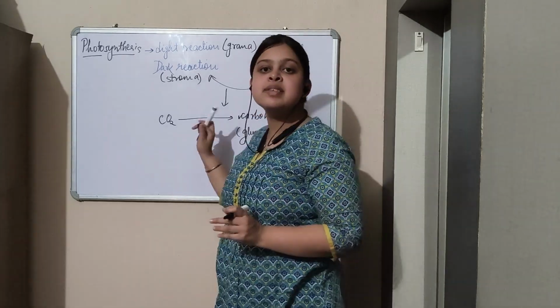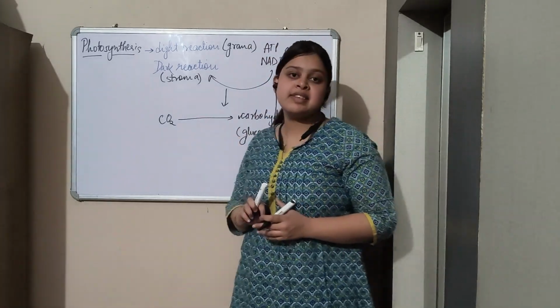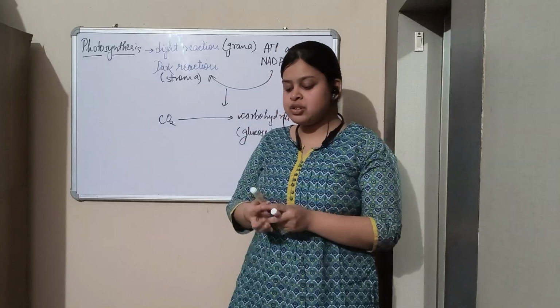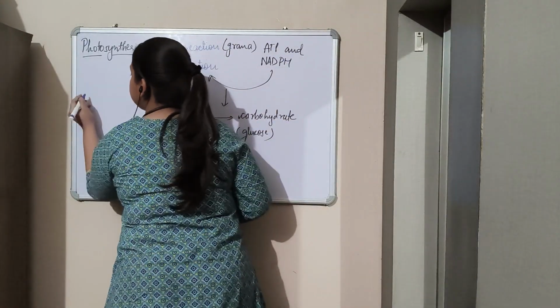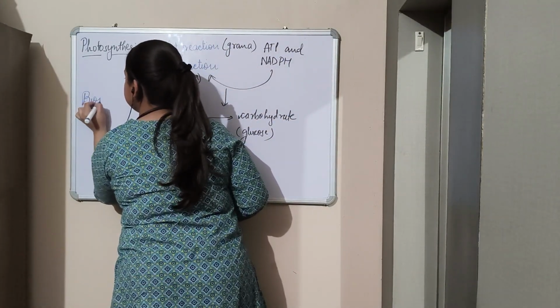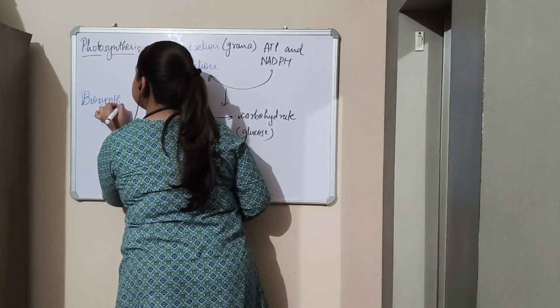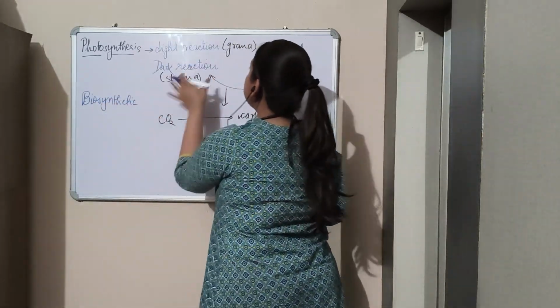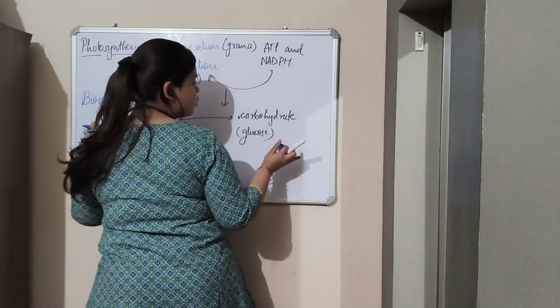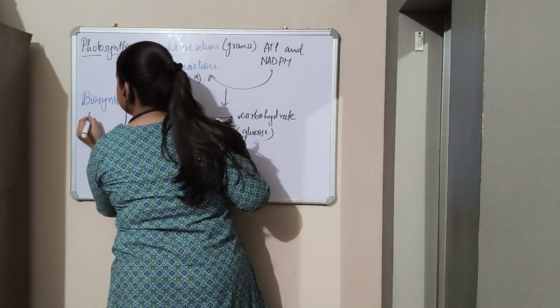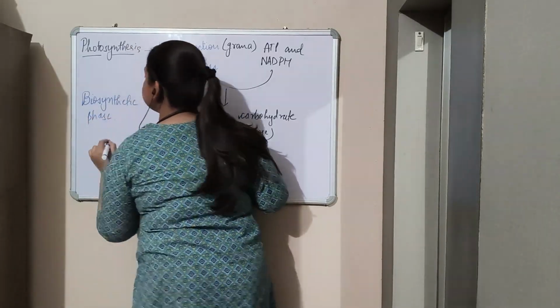Since a biomolecule is being synthesized in this process, the dark reaction is also called the biosynthetic phase. Why? Because a biomolecule is formed, that is the glucose molecule is being formed, so it is called the biosynthetic phase.